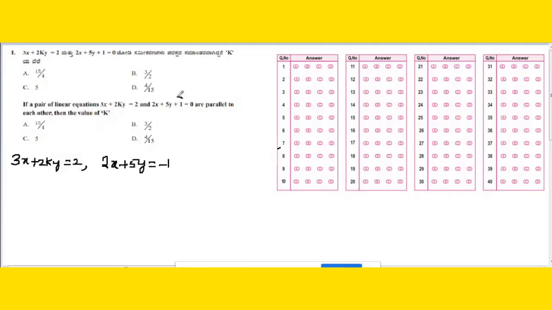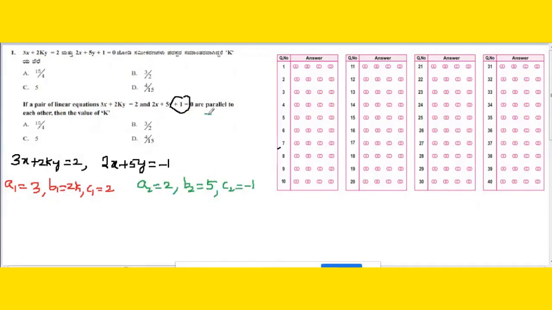Let us keep this in standard form and represent this pair of linear equations in terms of the coefficients: a1 is 3, b1 is 2k and c1 is equal to 2. And the coefficients of the second equation are a2 is equal to 2, b2 is 5 and c2 is equal to minus 1.